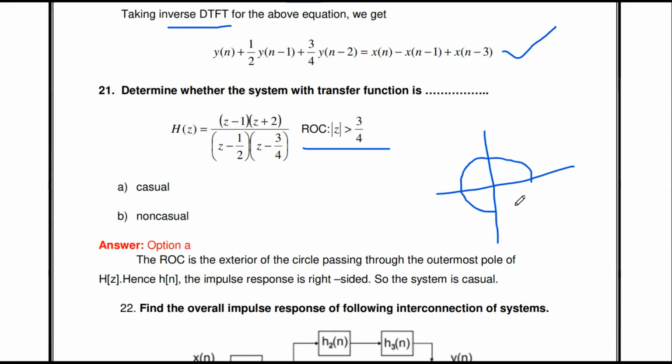We have to draw a circle of radius 3 by 4, that is 0.75. So here the ROC is the exterior part of the circle. This portion outside the circle is called the ROC. According to this definition, the ROC is the exterior part of the circle, so that's why the system is said to be a causal system.